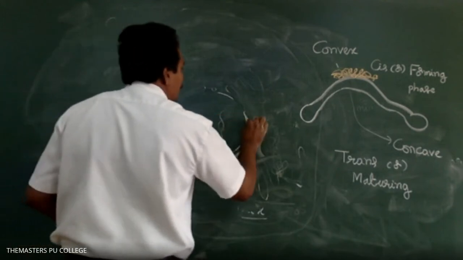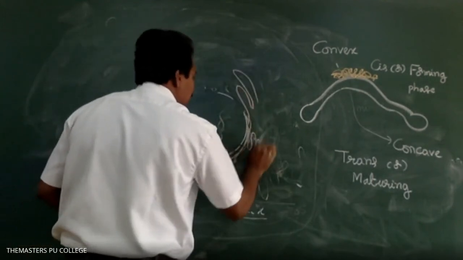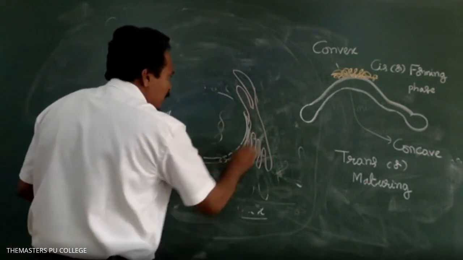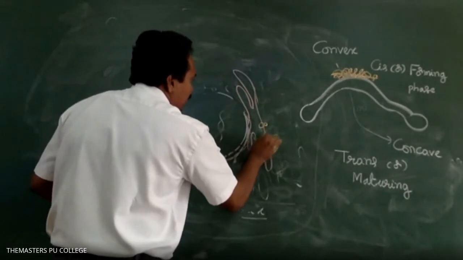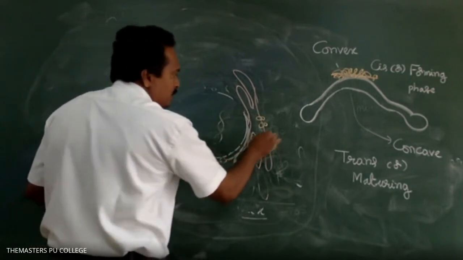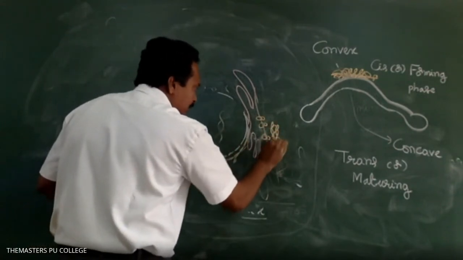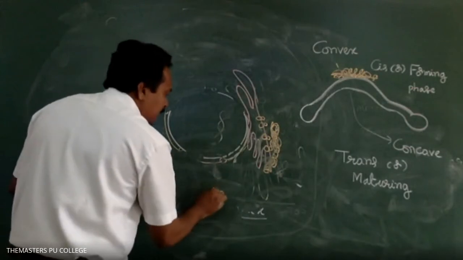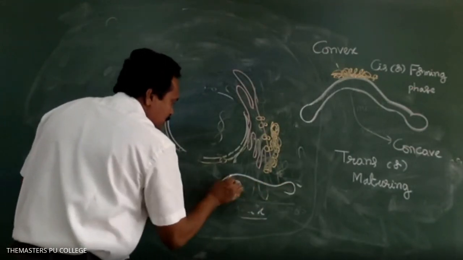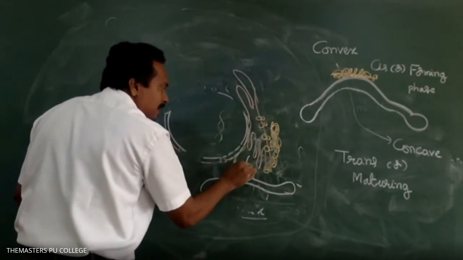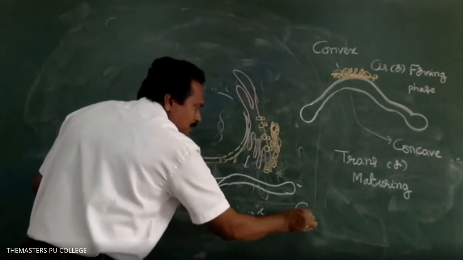Ribosomes are present on the surface of the rough endoplasmic reticulum. So, what is the function of the rough endoplasmic reticulum? It is involved in the synthesis of proteins. The synthesized proteins later move from the endoplasmic reticulum to the Golgi complex.